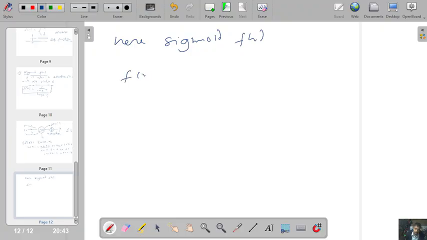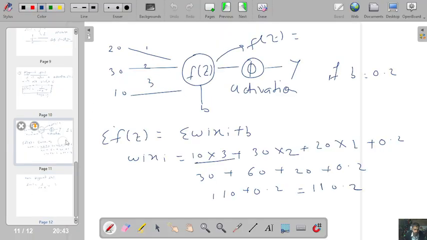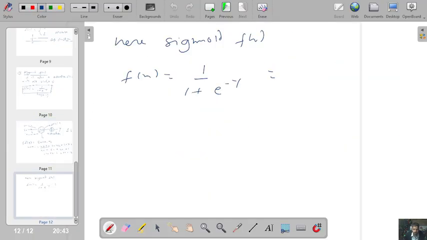Now f of x is 1 by 1 plus e power minus y, so y is 110.2. Okay, 1 by 1 plus e power minus 110.2. If e power 1 equal to 2.718, then e power 110, okay, there is a calculator.